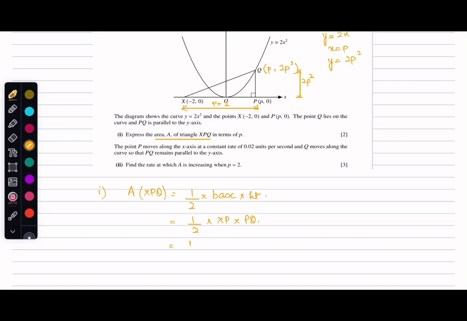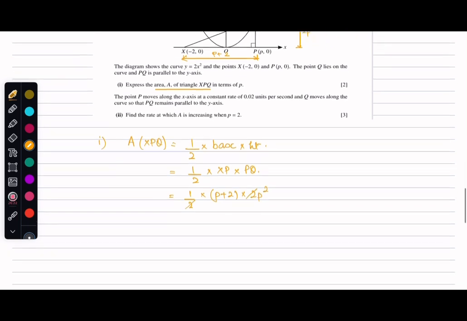So just substituting these values, XP is going to be p plus 2 and PQ is 2p squared. So solving the 2's, I can say that the area of the triangle XPQ shall be equal to p squared times p plus 2 here. And I can say it is unit squared for the area unit. So this is going to be the area of the triangle XPQ in terms of p here.